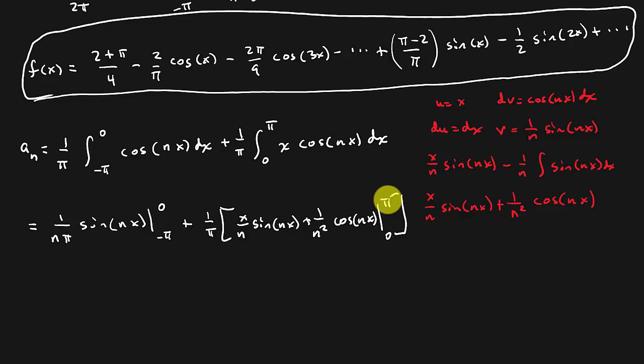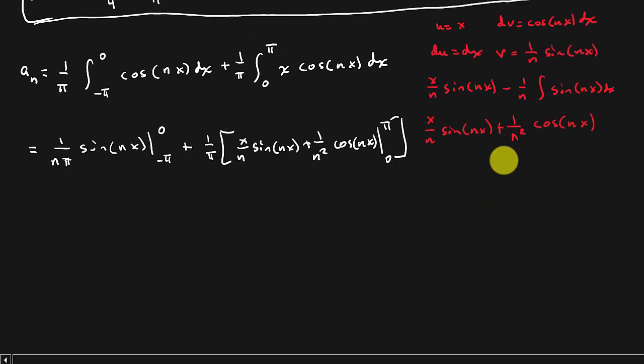All right, so now let's evaluate this thing. So this is going to be 1 over n pi times the sine of 0. When we plug 0 in for x, that's just 0. And then we plug the negative pi in, so that's going to be minus sine of negative n pi. Okay, so that's the first one here.